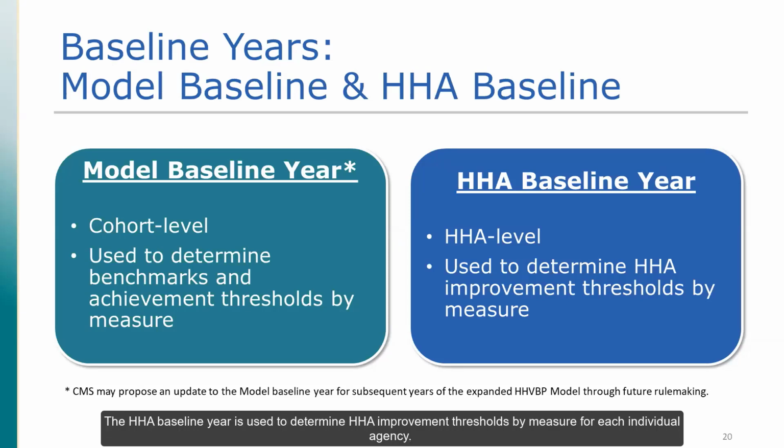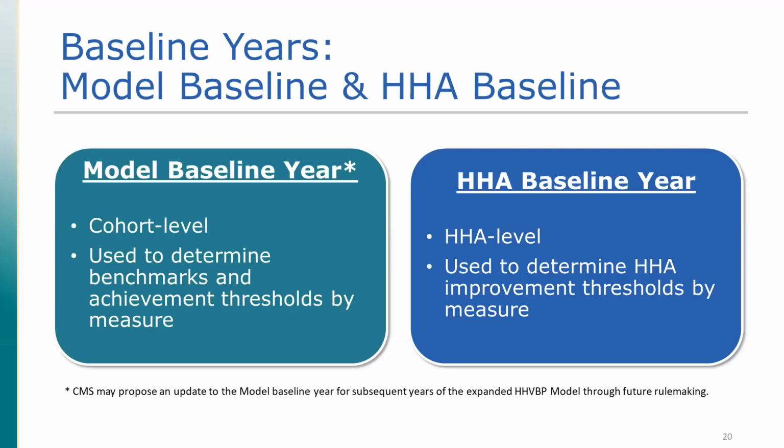The HHA baseline year is used to determine HHA improvement thresholds by measure for each individual agency. Benchmarks, achievement thresholds, and improvement thresholds are used to determine achievement or improvement of an agency's performance on applicable measures. And CMS may propose an update to the model baseline year for subsequent years of the expanded model, and that would happen through future rulemaking.